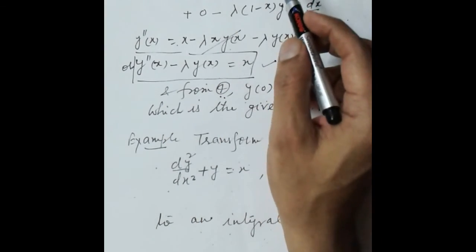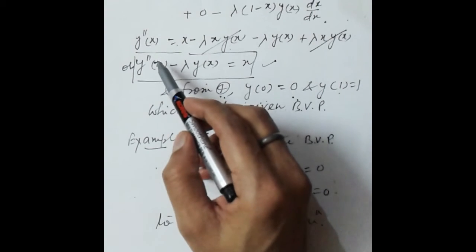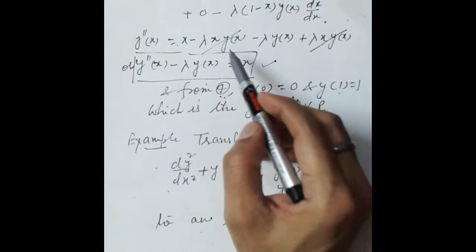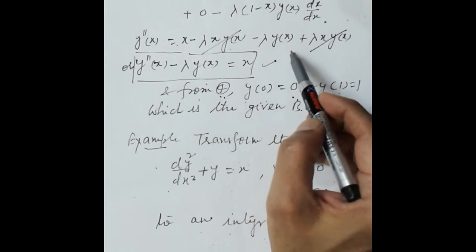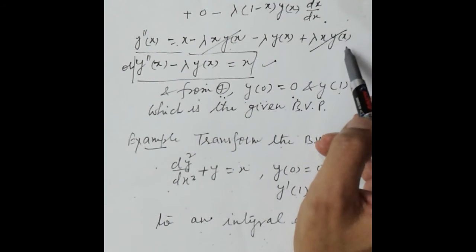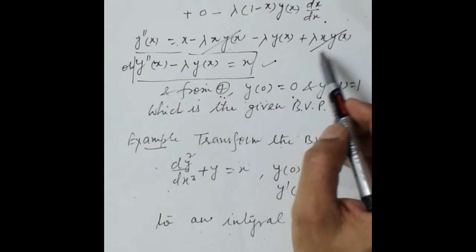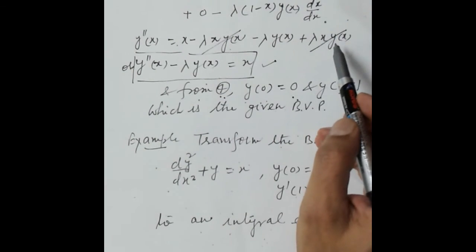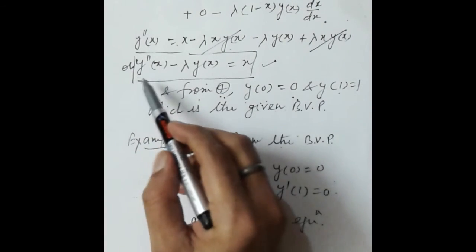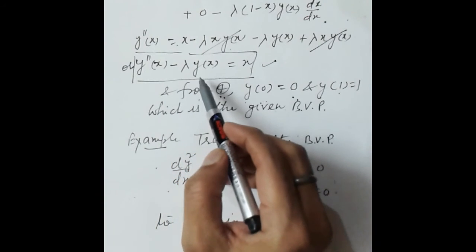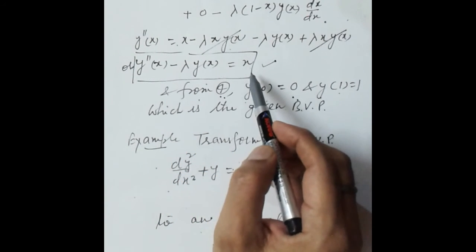After simplification, we have y''(x) = x - λ x y(x) - λ y(x) + λ x y(x). Here minus λ x y(x) plus λ x y(x) cancelled. So we have y''(x) - λ y(x) = x.